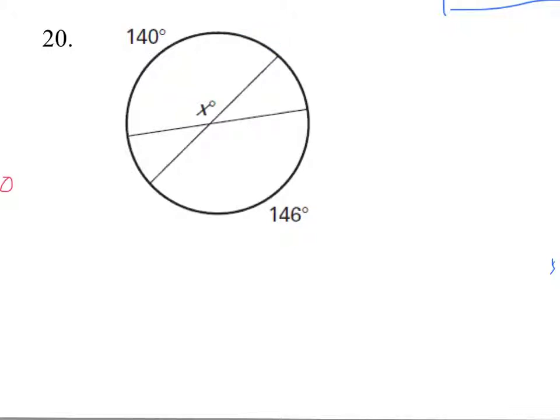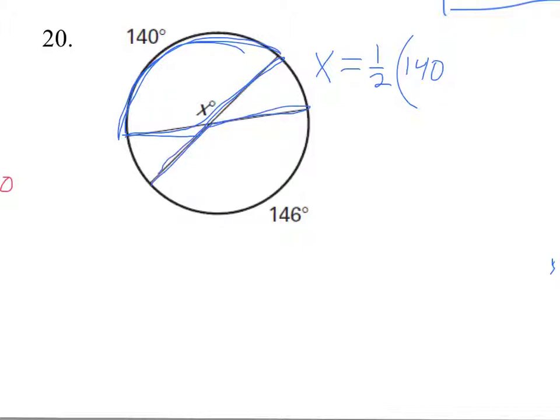And the theorem says, take the angle on the inside, in this case x, and that is going to equal 1/2 the two arc measures that angle forms. Notice that this angle forms 140, and this angle right here, which is just vertical to that x, this would also be x degrees, forms this arc measure of 146.